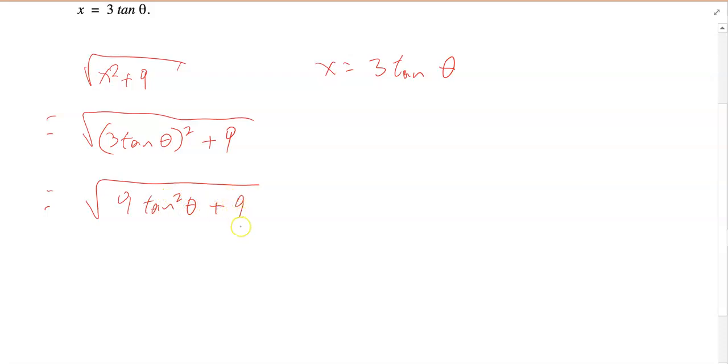Then from this expression under the radical, we can factor out 9. So we end up with radical 9 times tan squared theta plus 1.